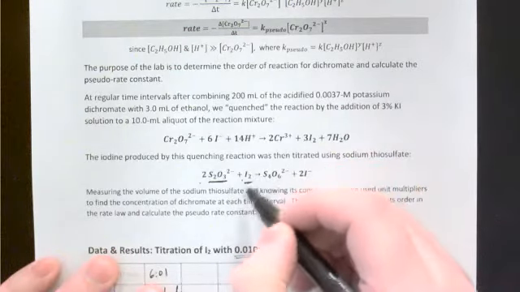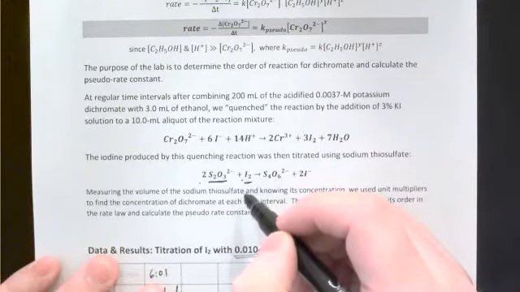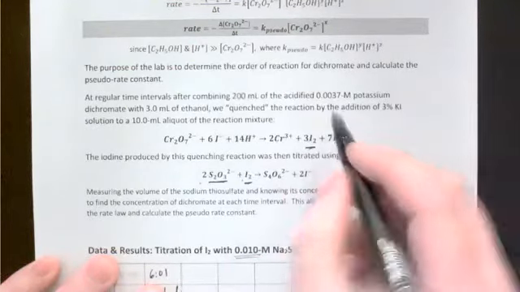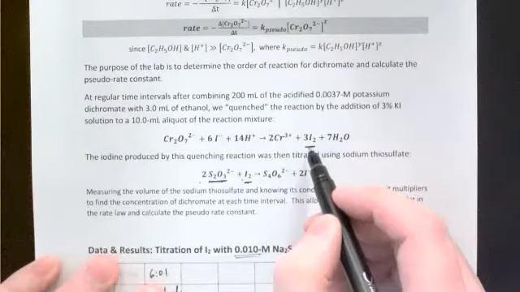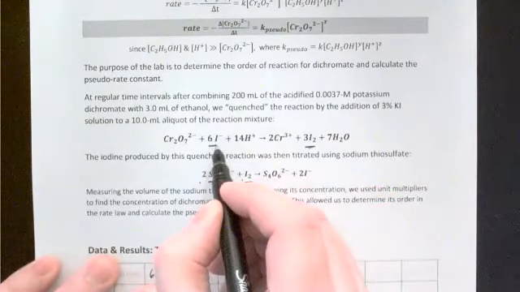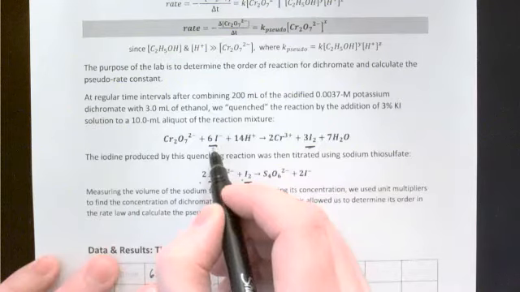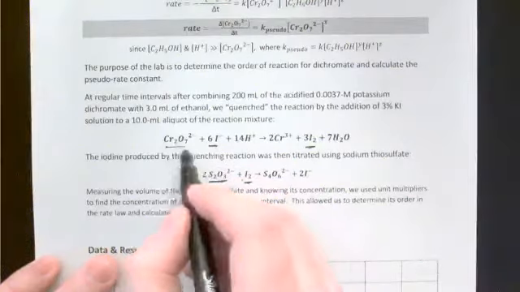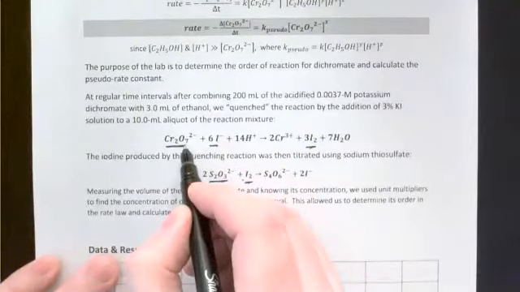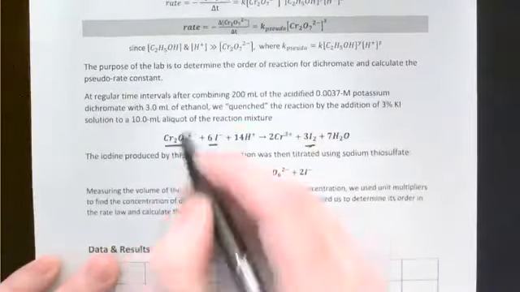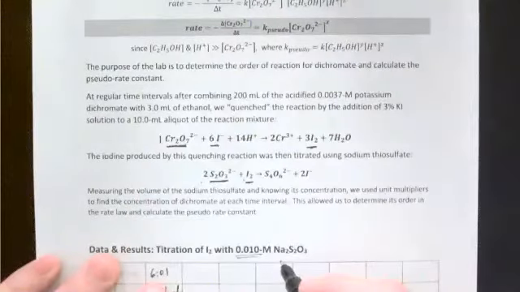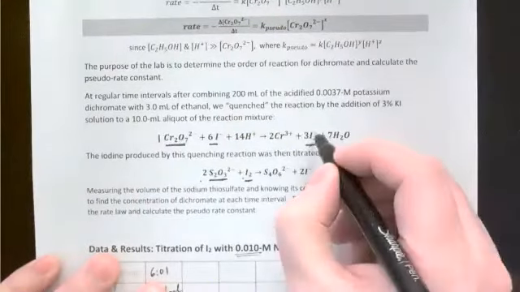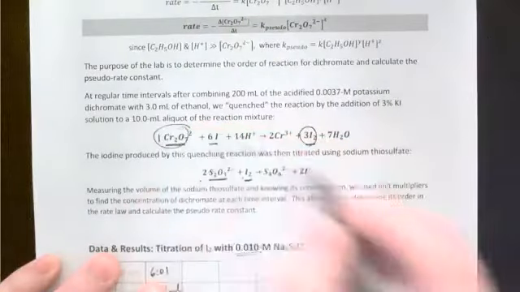Where did the iodine come from in the flask? Where did the reddish brown iodine come from? Well, it was a product, right? The iodine was a product when we added the 4 mLs of KI. So the iodide ions in the KI reacted with dichromate that was in our flask, and 1 mole of the dichromate ends up creating 3 moles of iodine.